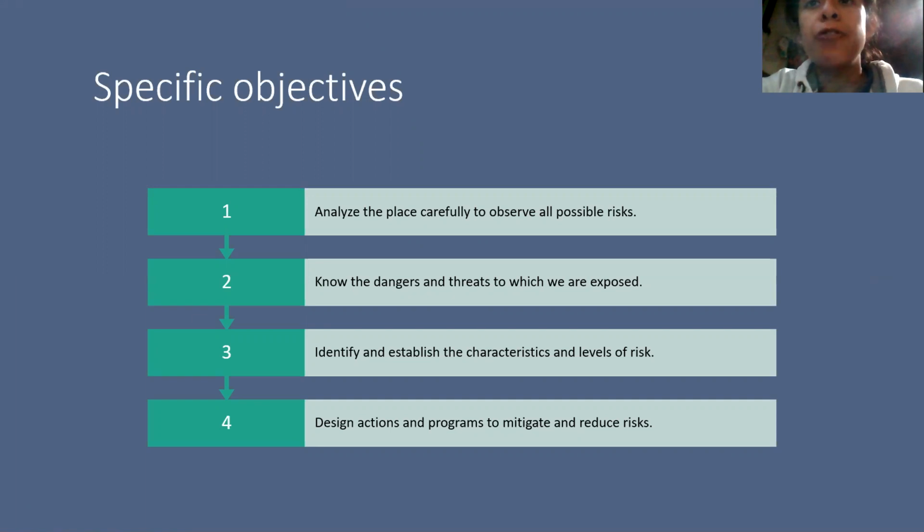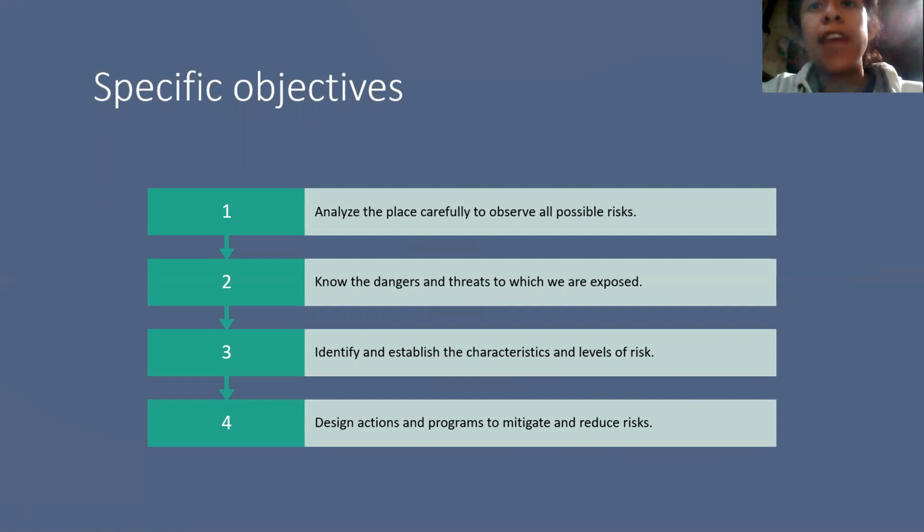Analyze the place carefully to observe all possible risks. This objective lasted 7 days so that customers and employees could participate, in order to obtain an analysis seen from different perspectives. 2. Know the dangers and threats to which we are exposed.